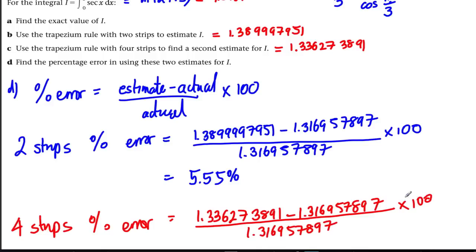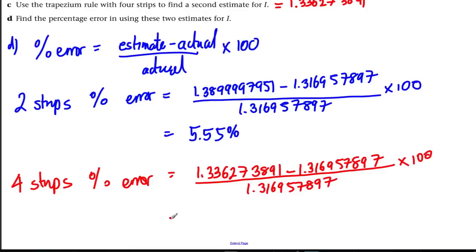So again, just a bit of number crunching here. You'd expect a lower percentage error. And you're going to get yourself 1.47%, which is a lower percentage error, so it's closer to the integral.